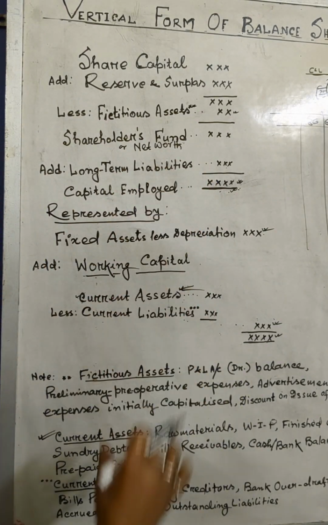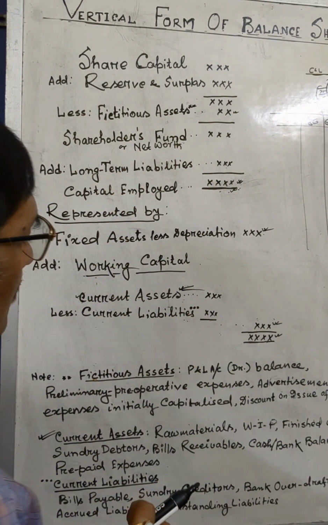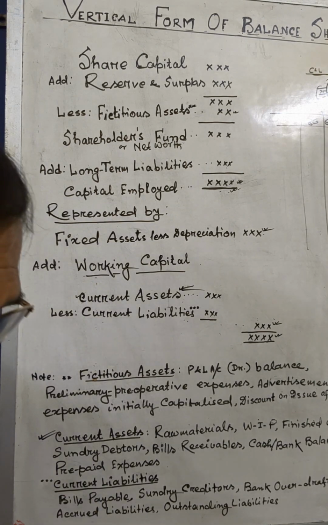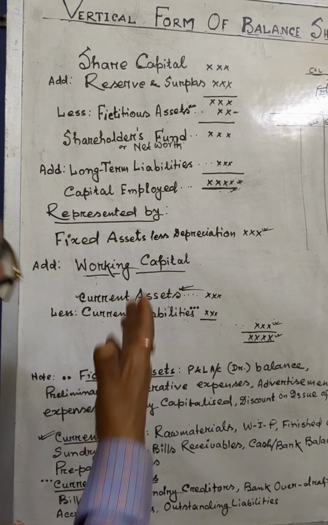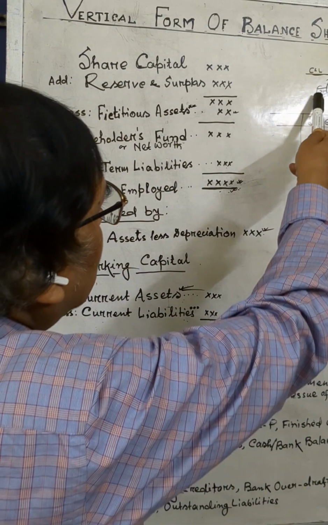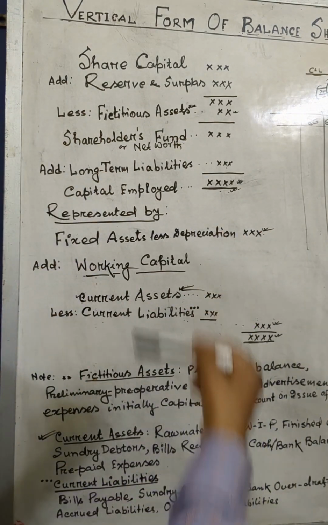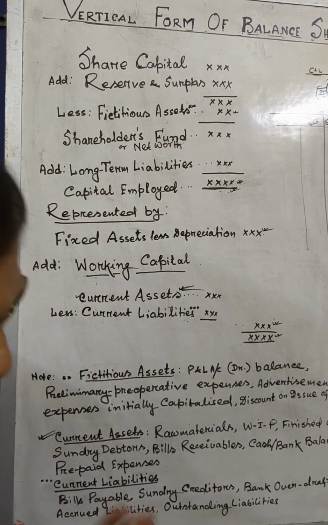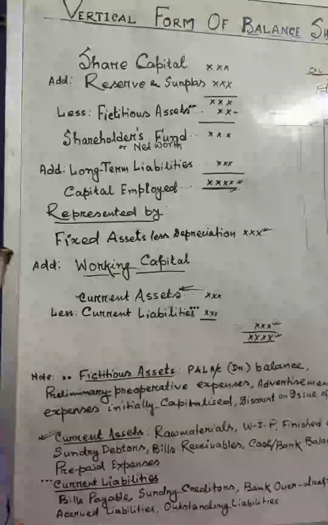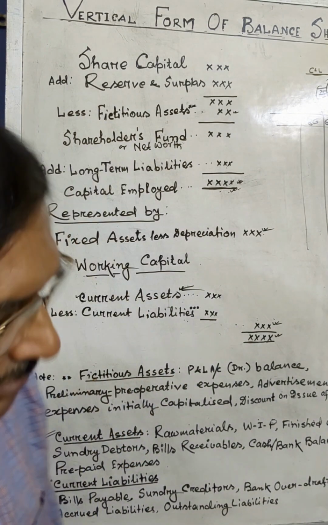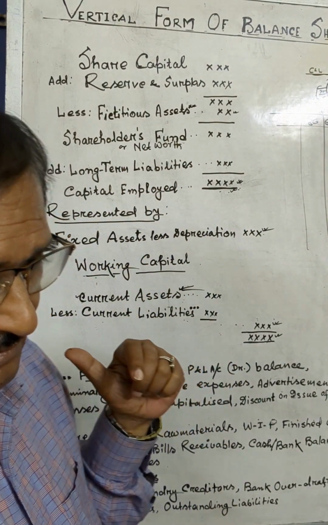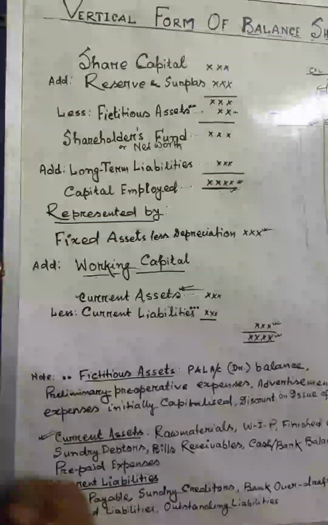And this is all about the vertical presentation of the balance sheet. Again, I want to discuss why we do this, why it is required, when a balance sheet is already published in one form, and why we change it in this way. I have already discussed it, but I am repeating. In my next video, I will show the health analysis of any business or industry through ratio analysis of the balance sheet and profit and loss account.